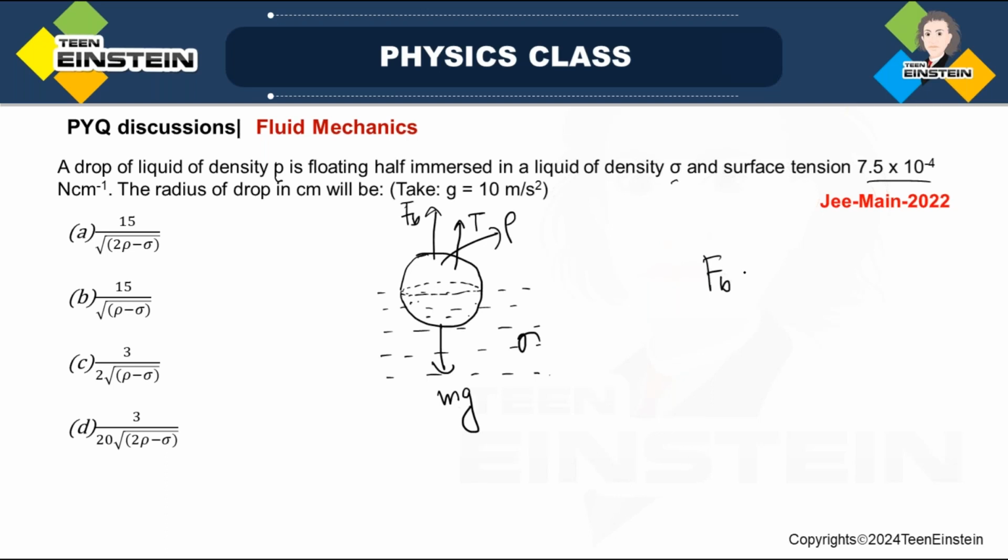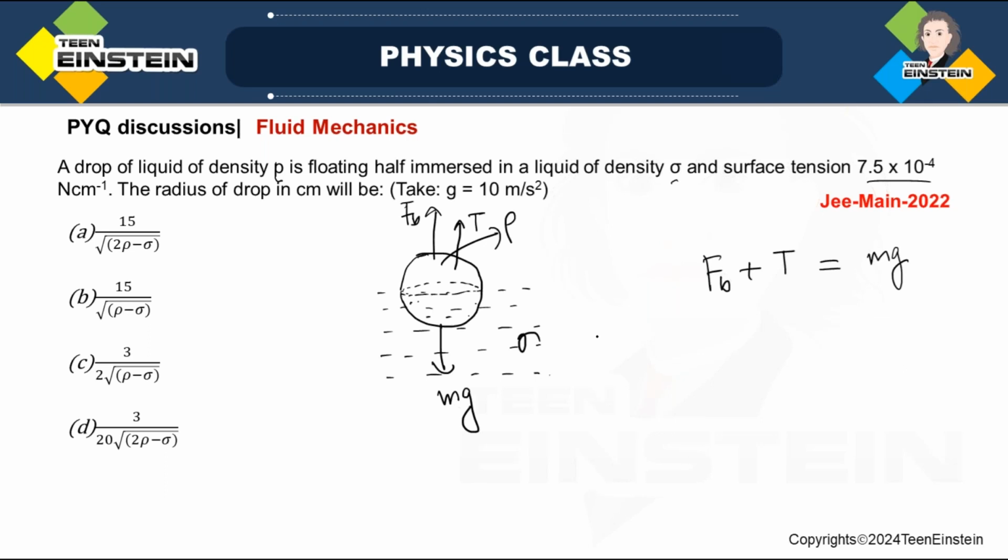So FB, the buoyant force on the liquid drop offered by the liquid of density sigma, and the surface tension offered by the liquid surface, will balance the weight of the whole liquid drop.